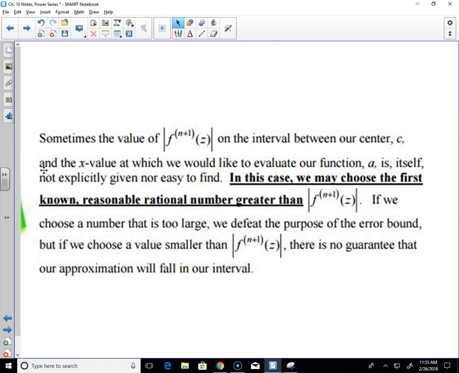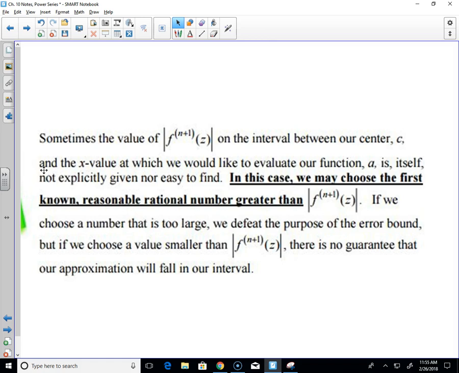Well, cosine decreases, so the maximum would be at 0, but that one's easy. If I was trying to approximate cosine, its derivative is sine, and sine goes up, so sine would be maximized at 0.7. So you'd have to use the sine of 0.7 to estimate the error found in the cosine of 0.7 with the Taylor series. You're like, well, I don't know that any more than I knew that, so what's the point?